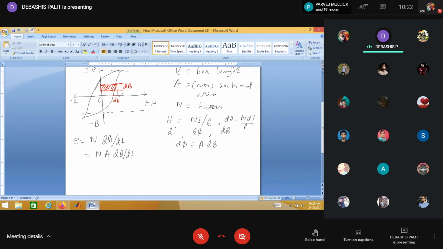I have already considered the instantaneous current as capital I. So the work done for this increment of current, which is the cause of the change of flux linkage, that is dW. That is the energy required for this increment, which means the effective voltage is E, and the instantaneous current is i, into dt.